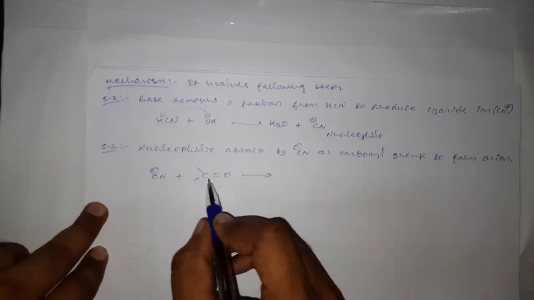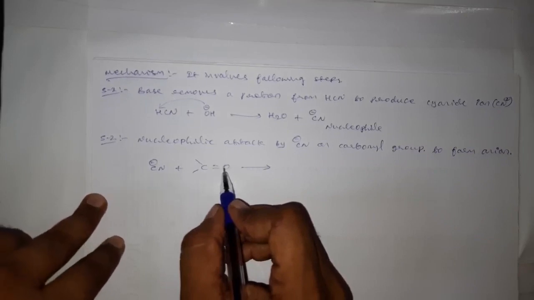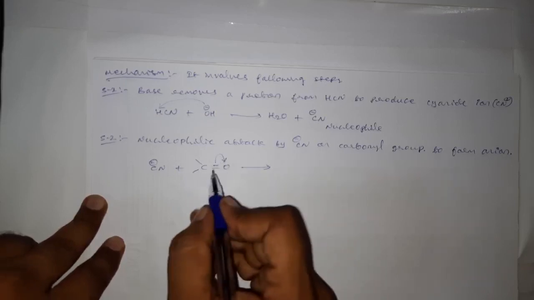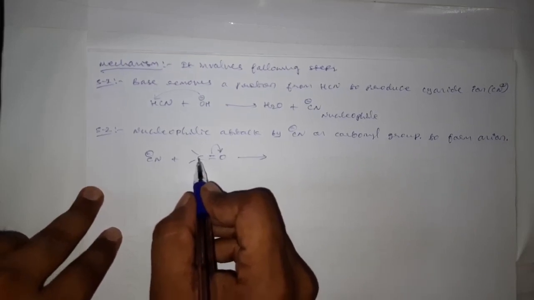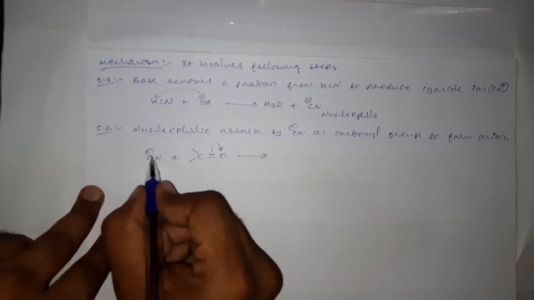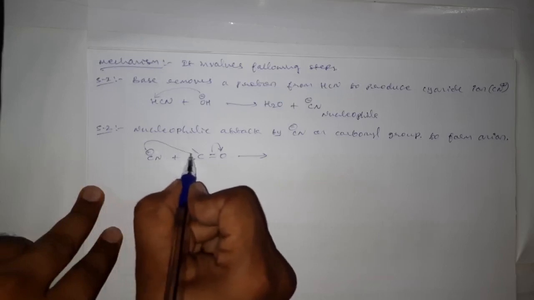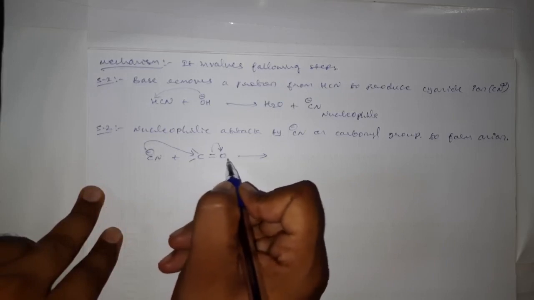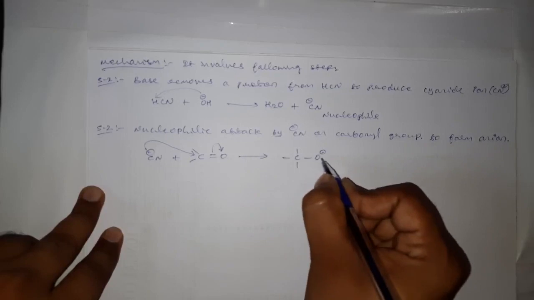The carbonyl group is polar in nature, and oxygen is electronegative, so it drags the bonded pair of electrons towards itself. Hence this carbon acts as an electrophile, looking for an electron-rich species to donate electrons. Therefore the cyanide ion, being a nucleophile with more electron density, attacks the electron-deficient carbonyl carbon, and the bonded pair of electrons shifts towards oxygen, forming a negative charge on oxygen.